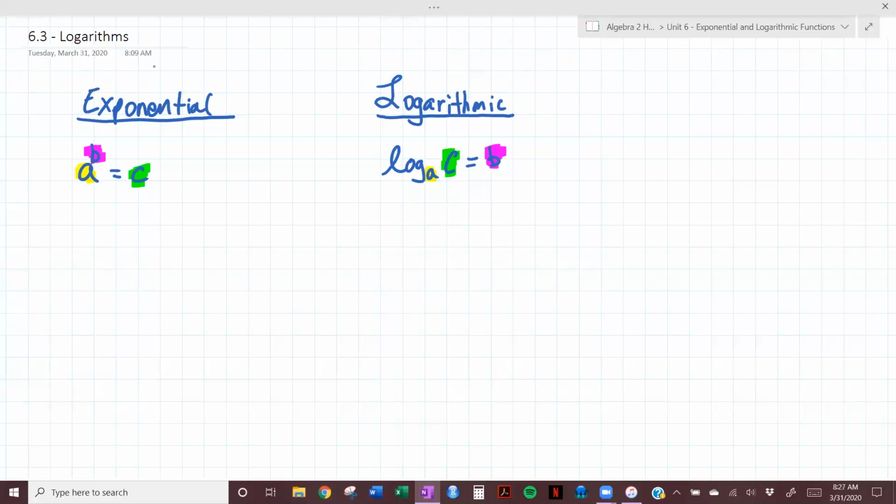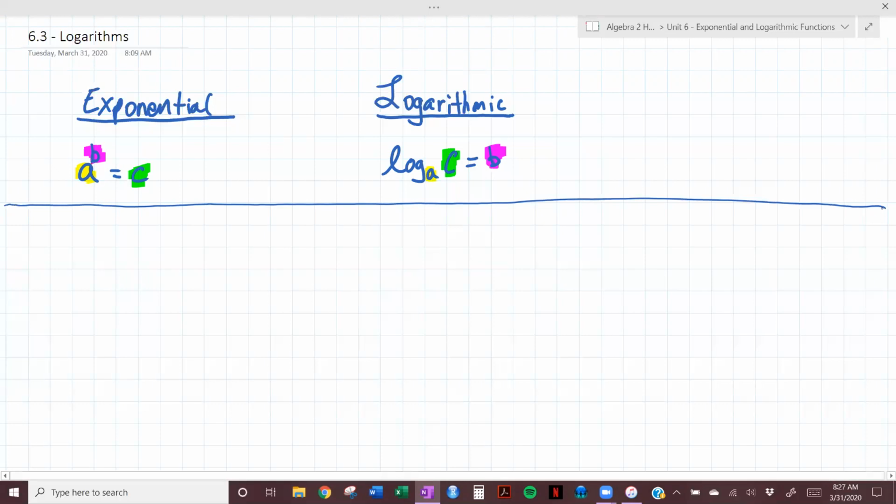Okay, so I'm going to show you guys an example. Let me draw a line. So we have example 1, and this is part A. So this says, I want the log form of 3 to the 4th equals 81.